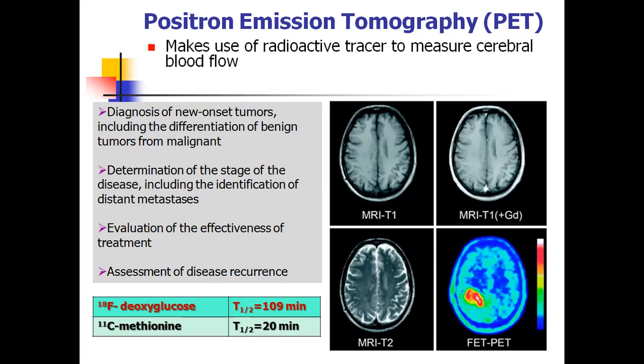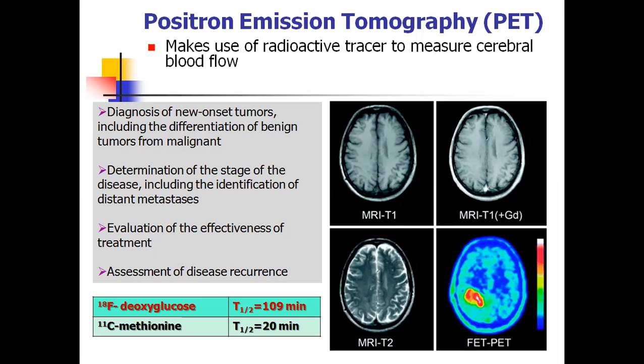The next option for radiological examination of the central nervous system is positron emission tomography. It makes use of a radioactive tracer to measure cerebral blood flow. It's useful, first of all, in diagnosis of new onset tumors, including the differentiation between benign and malignant tumors.